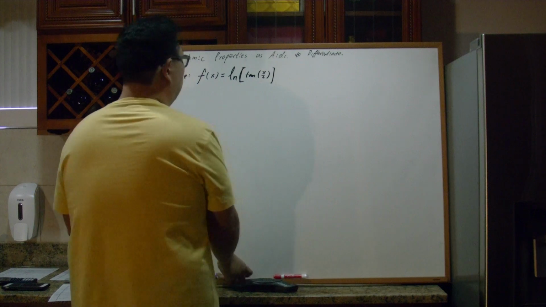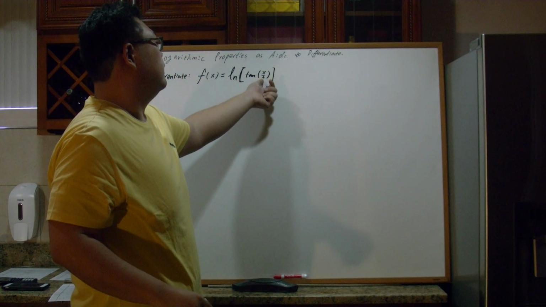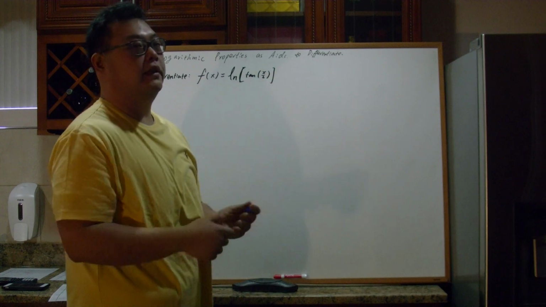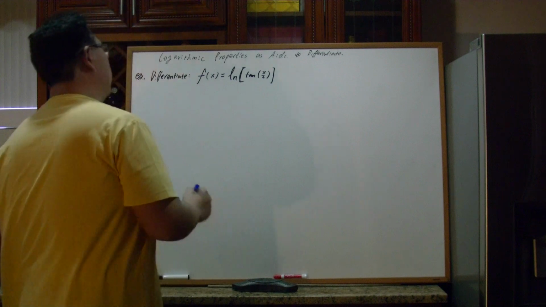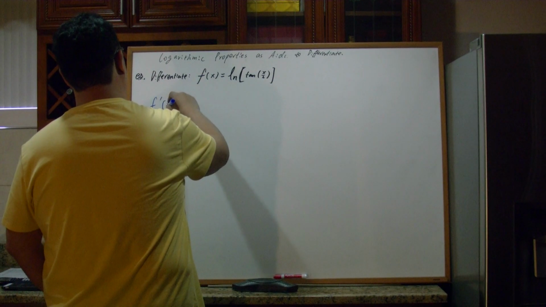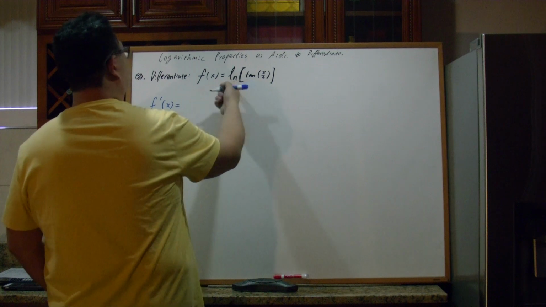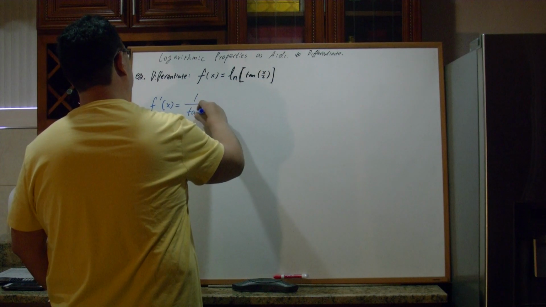This one is log of tangent x over 2, just a function we cannot separate using the properties. That's basically a single term. What we can do is nothing else but take the derivative: natural log of the inside will be 1 over the inside.